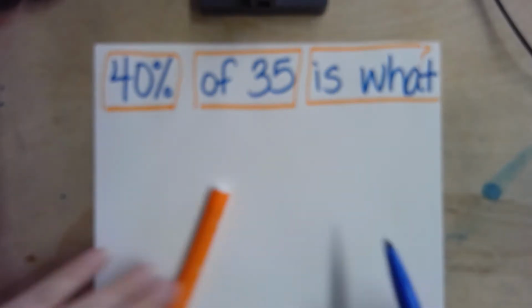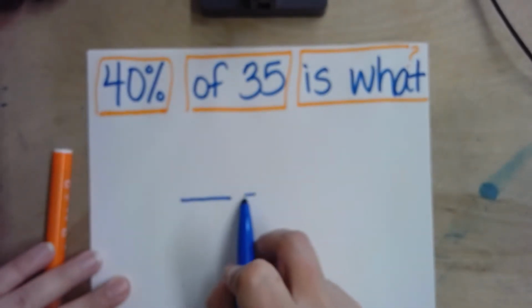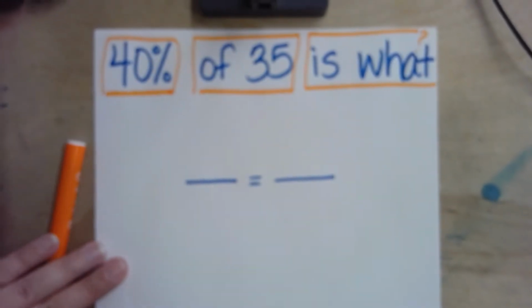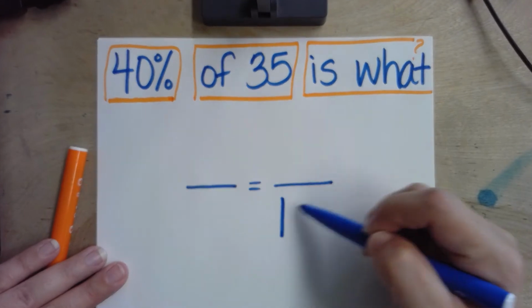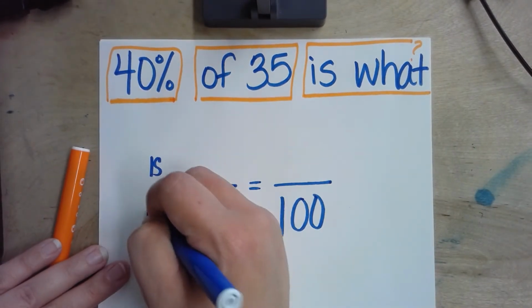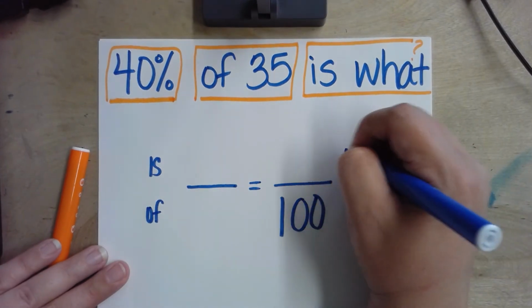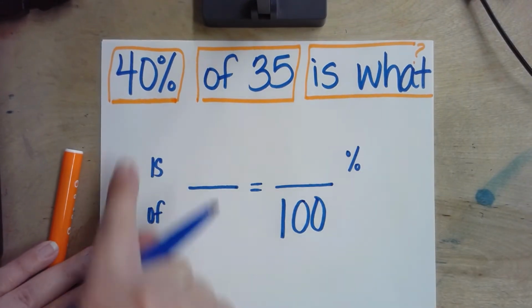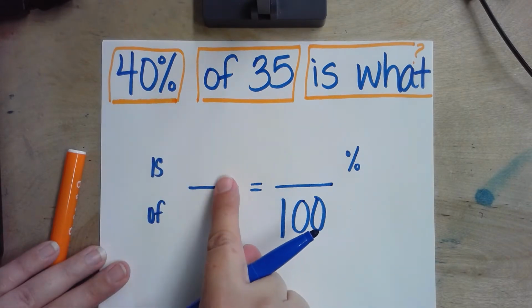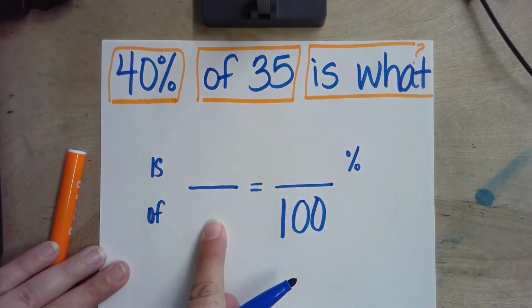So I'm going to go ahead and set it up. What always goes down here in the bottom right? 100. And then remember that this is is and this is of, and over here is our percent. Is 40% going to go in the top left, top right, or bottom left?